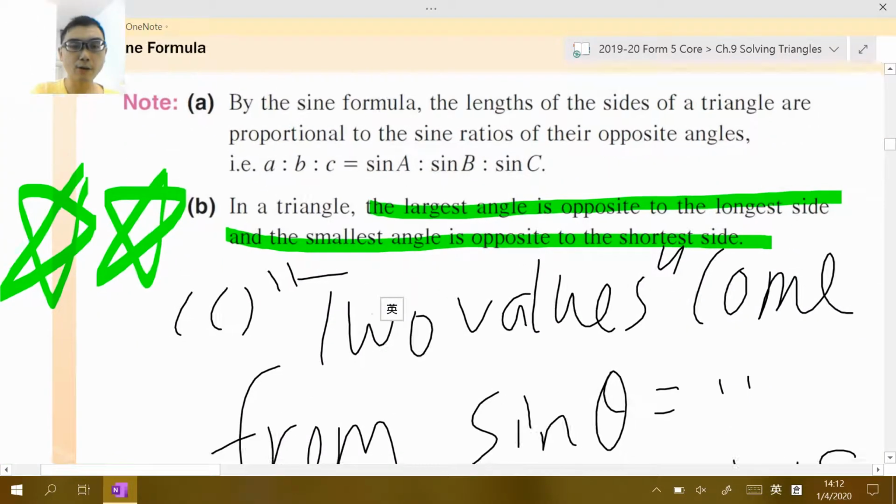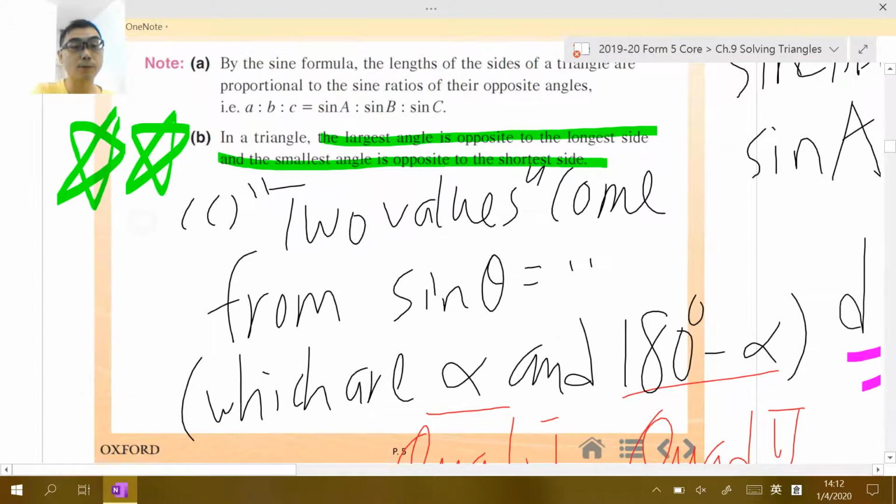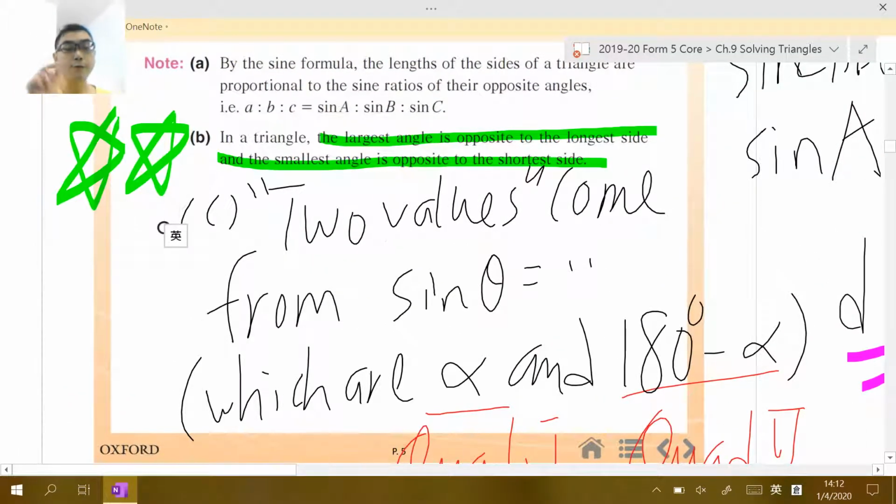But I would also like to say that in using the sine formula, there are two more important notes you need to remember. The second one says, in a triangle, the largest angle is opposite the longer side, and vice versa, the smallest angle is opposite the shorter side. This statement refers to a geometrical property of triangles called greater angle, longer side.